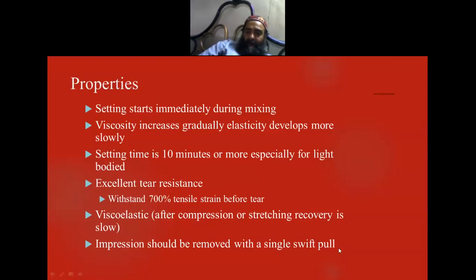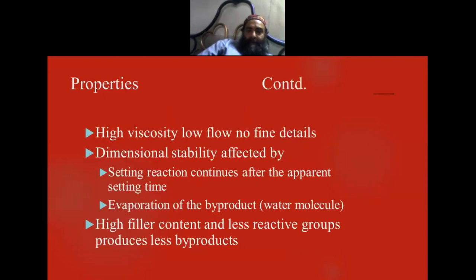Already described in the chapter of alginate and agar, we have to use a snatching action for pulling out the impression. High viscosity, low flow, no fine details. If viscosity is high, flow obviously will be low, so fine details will not be recorded.